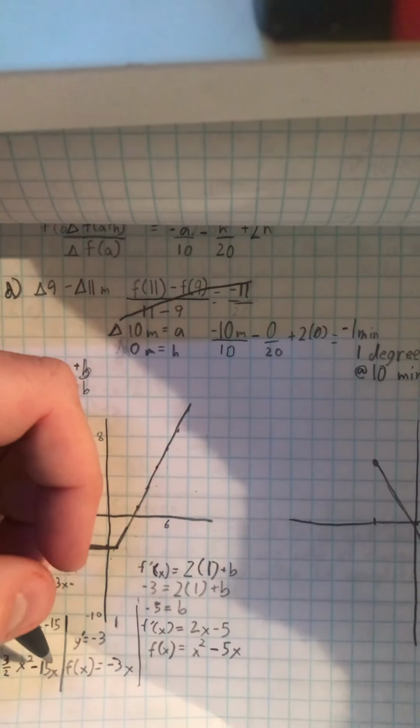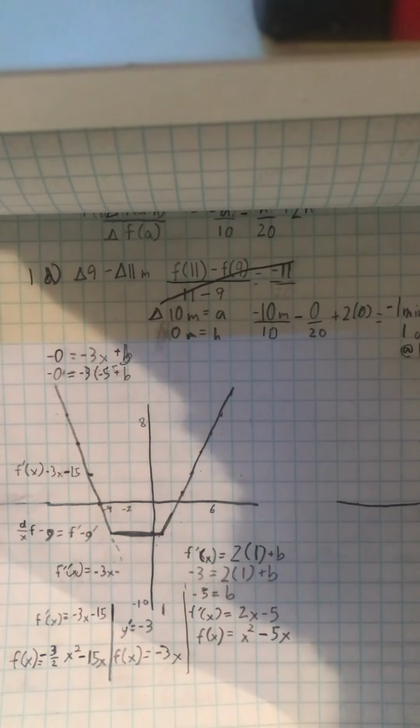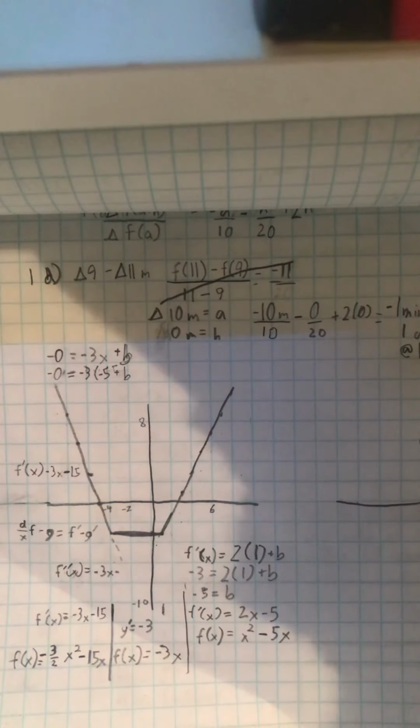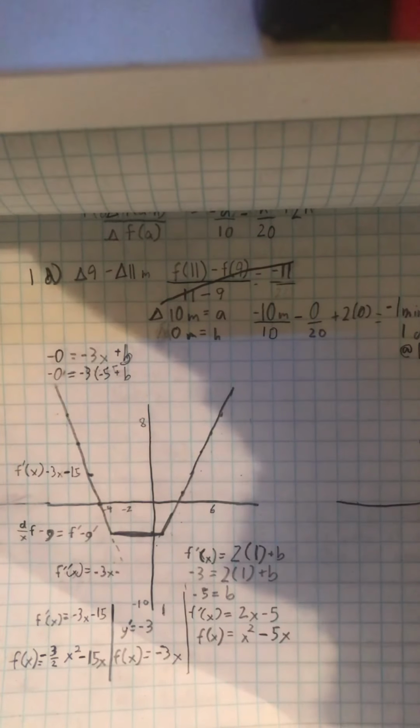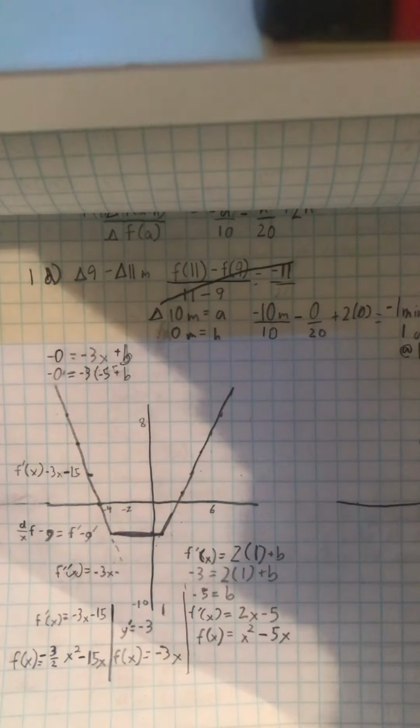We said that the formula for that was -3/2 x squared minus 15x.